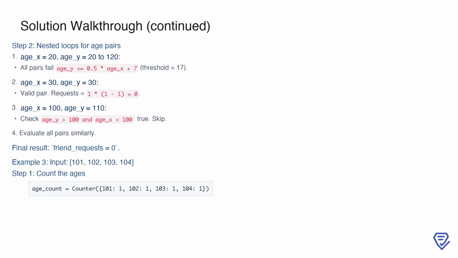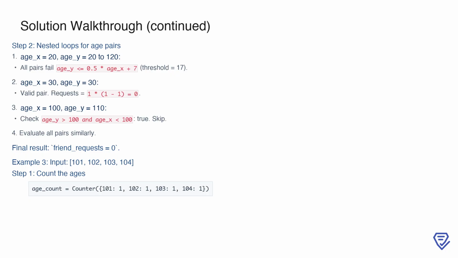In another example, with the input 20, 30, 100, 110, 120, we again start by counting the ages, resulting in age_count equals Counter({20: 1, 30: 1, 100: 1, 110: 1, 120: 1}). For age_x equals 20, we evaluate all possible age_y values from 20 to 120.